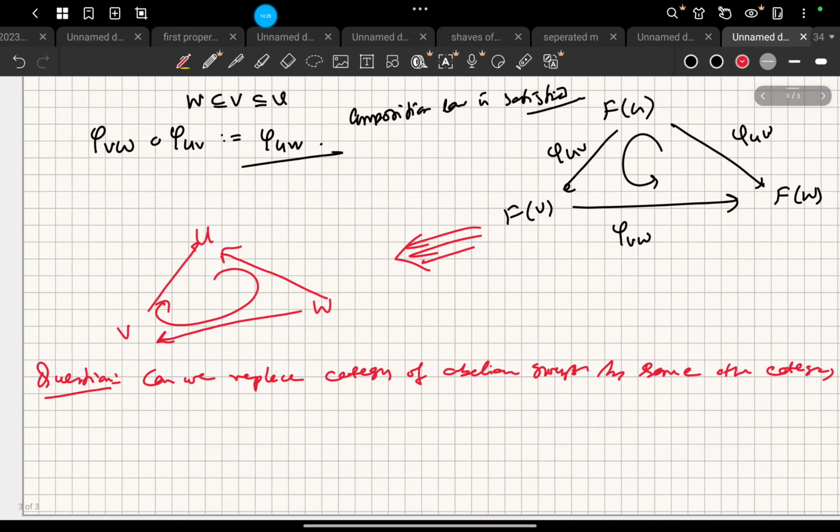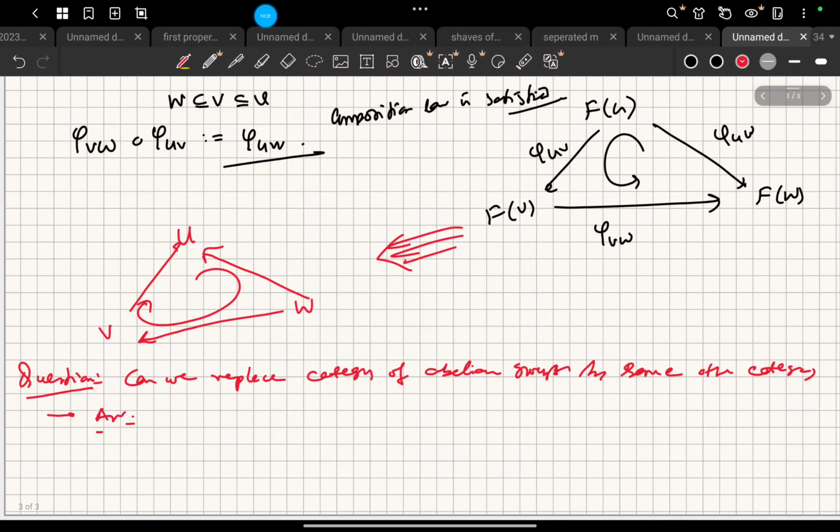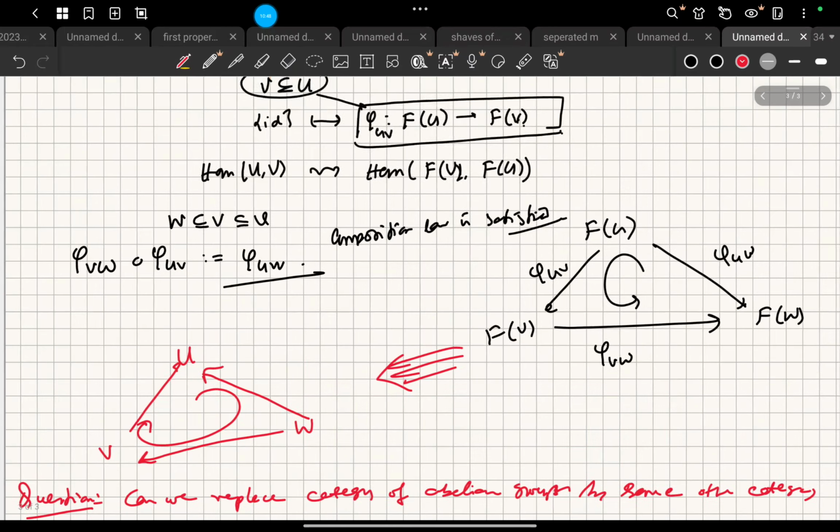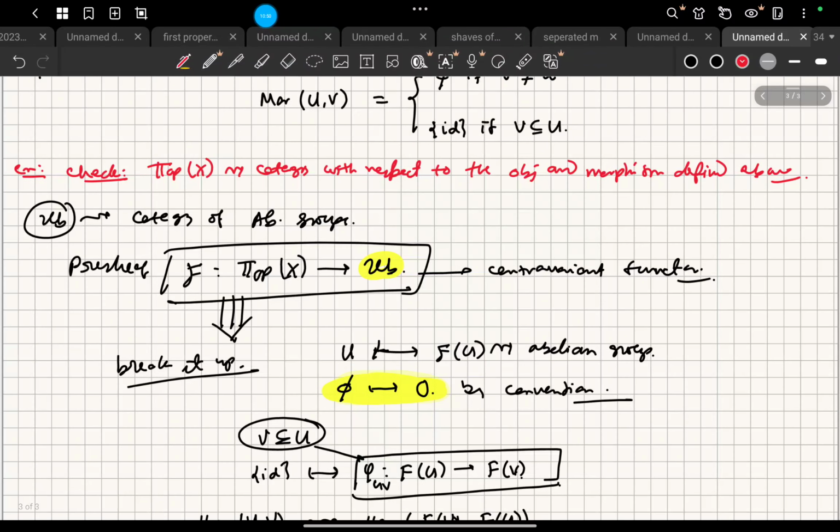The answer is yes, we can. So in that case, suppose we replace the category of abelian groups with, let's say, the category of rings. In that case, the objects are going to be changed. Suppose we change it here with the category of rings.